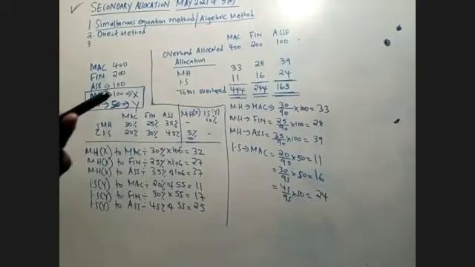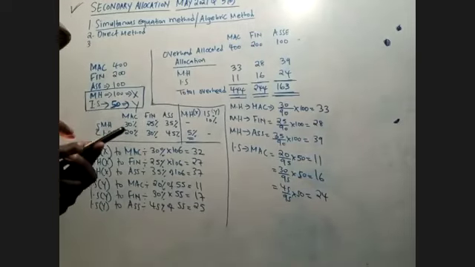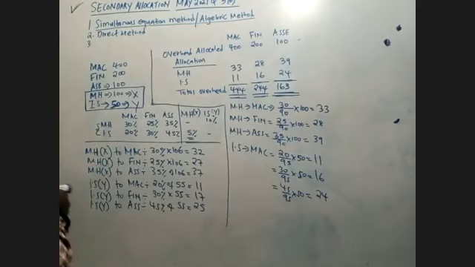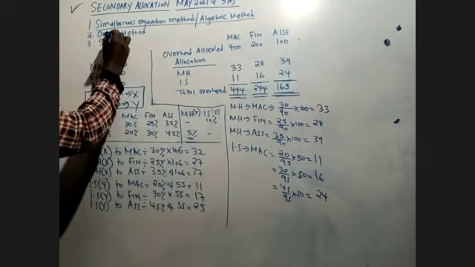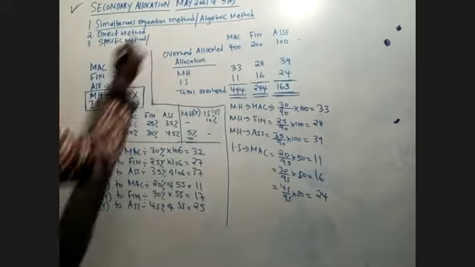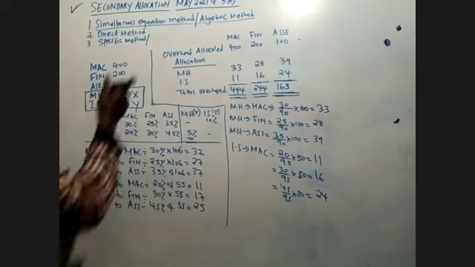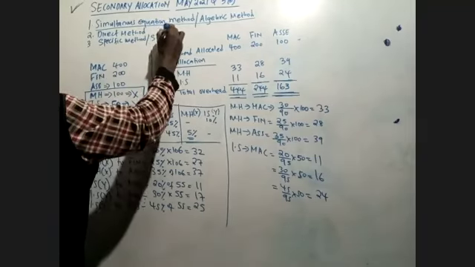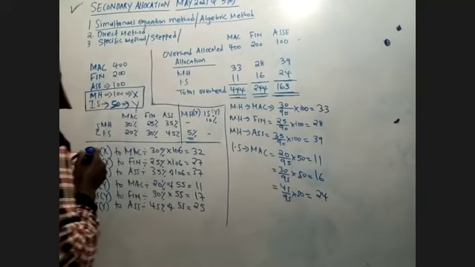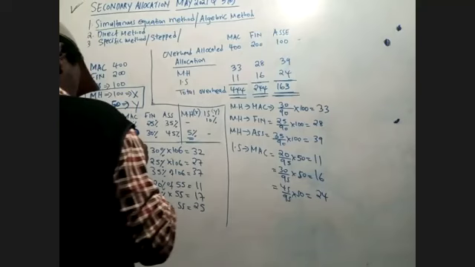So let us go to the next method. It is a specific method. So number 3, specific method, or stepped. It will be a stepped or cross down.